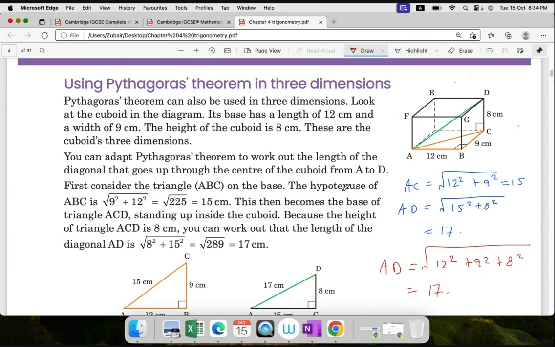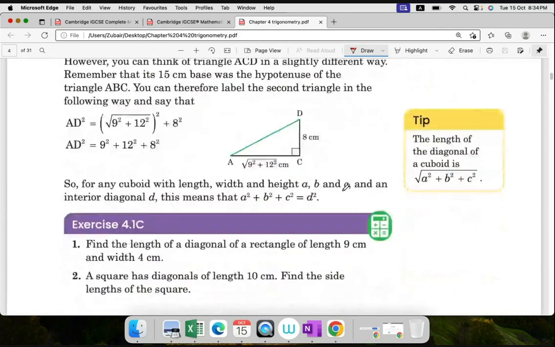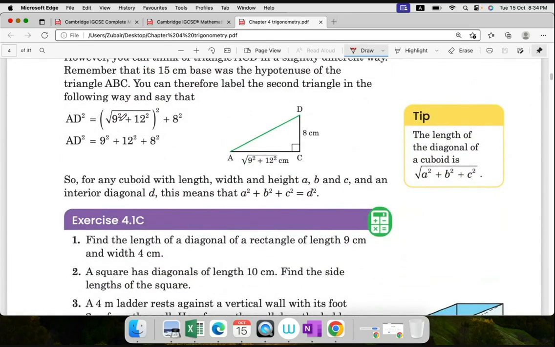Sir, I got the same. Thank you. So either we do it step by step or we do it directly. Both are acceptable.